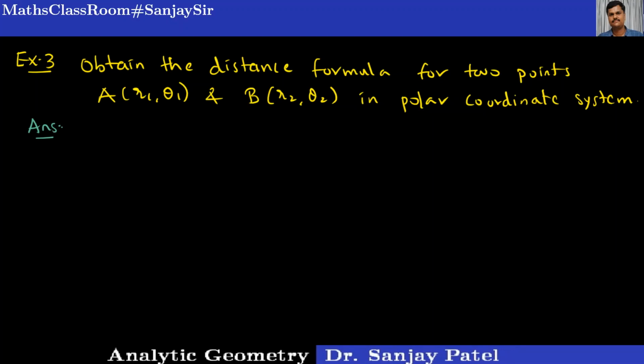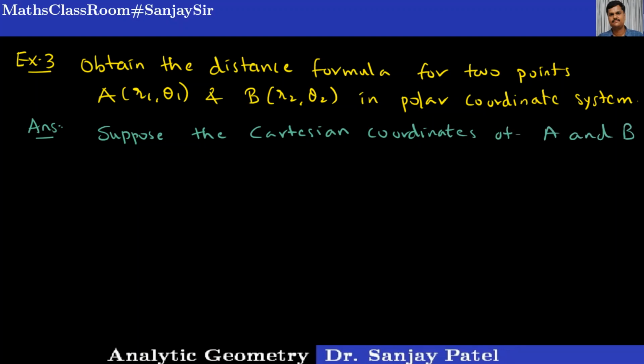So first of all, suppose the Cartesian coordinates of A and B are respectively x1 comma y1 and x2 comma y2.